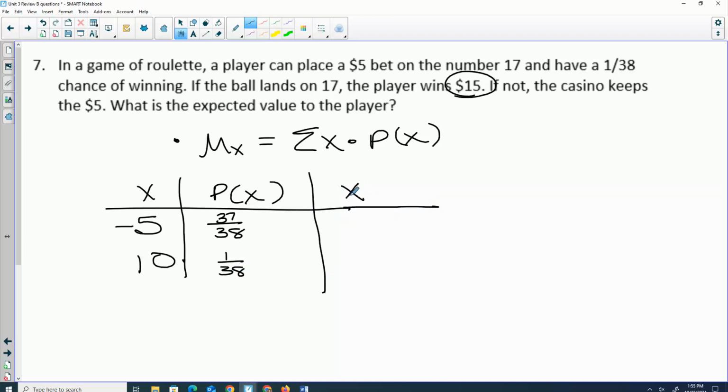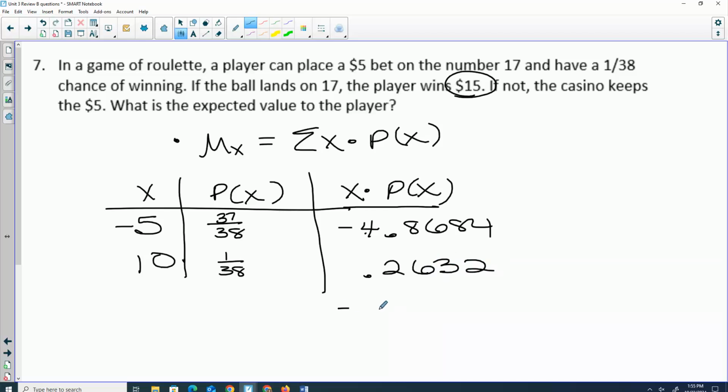So we need to find the x times p of x. So -5 times 37 out of 38 gives me -4.684. 10 times 1 in 38 gives us 0.2632.